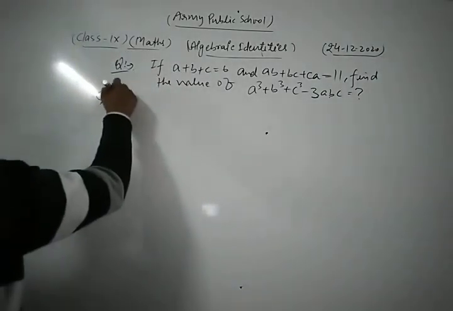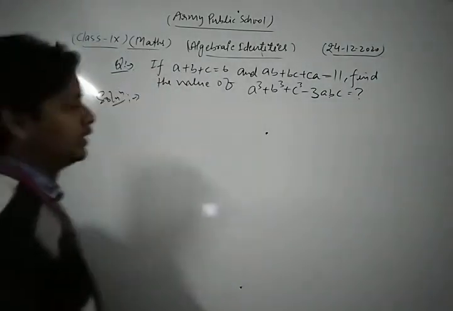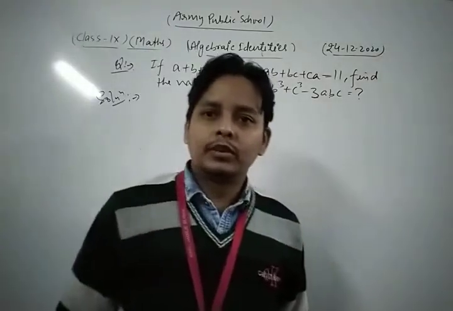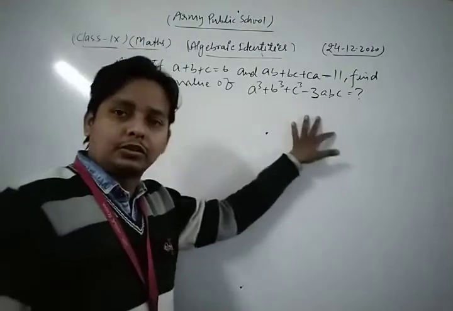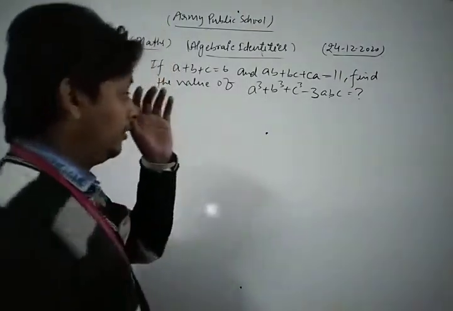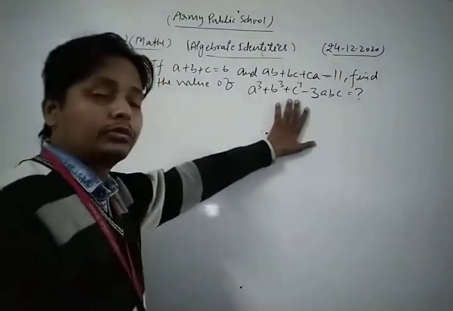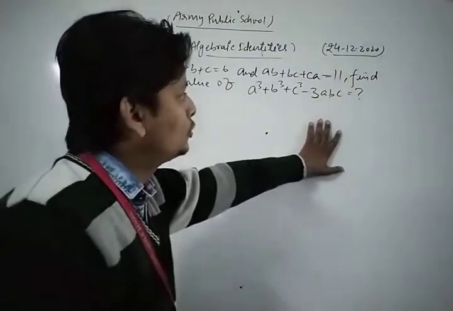What is the process to solve that type of question? Dear student, this is also a very important question. In that question, first of all, we apply the identity because we find the value of a cube plus b cube plus c cube minus 3abc.